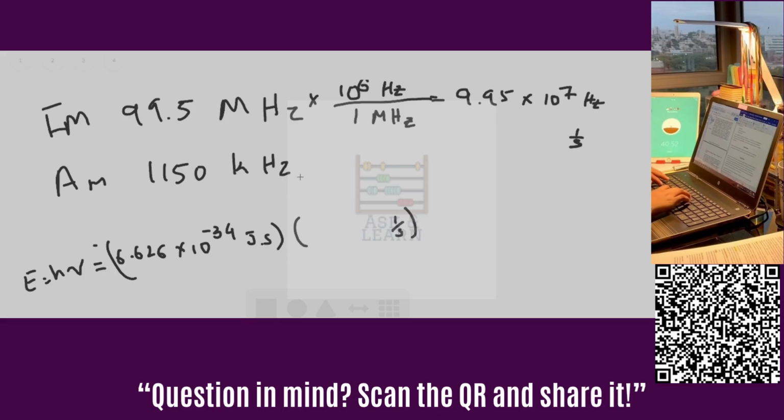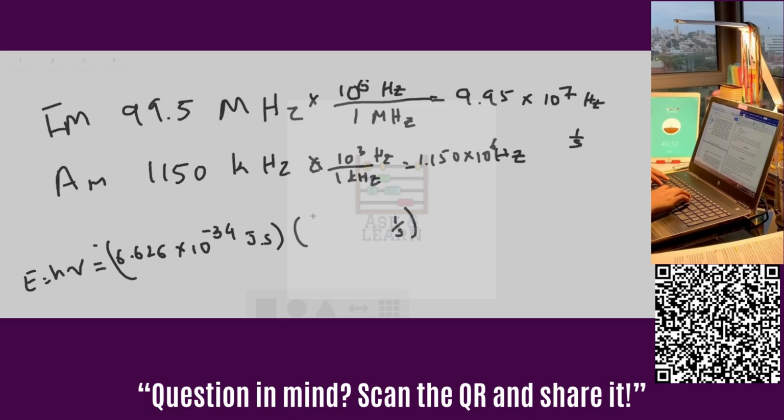Either way is fine. And then this one is the same thing. We have to convert it. Kilohertz, kilo meaning 10 to the 3 hertz. So that will give me 1.150 times 10 to the 6 hertz, also known as per second.